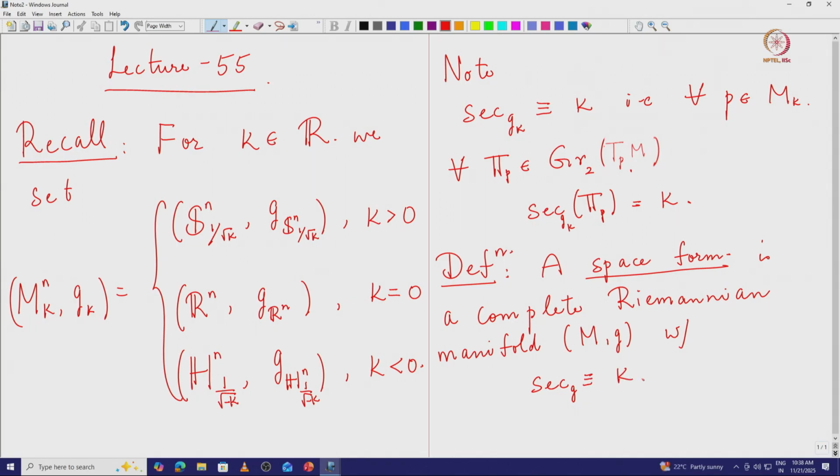That again just means this, that for all points and for all two planes the sectional curvature is kappa.